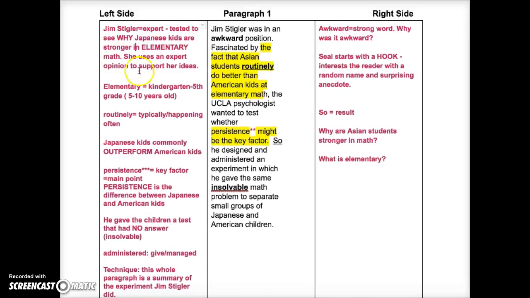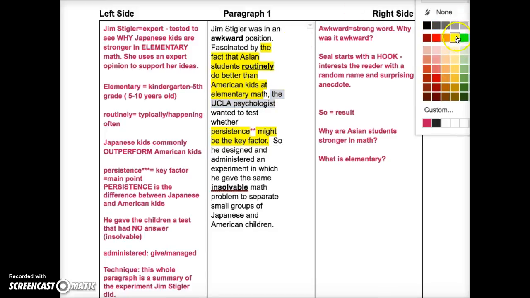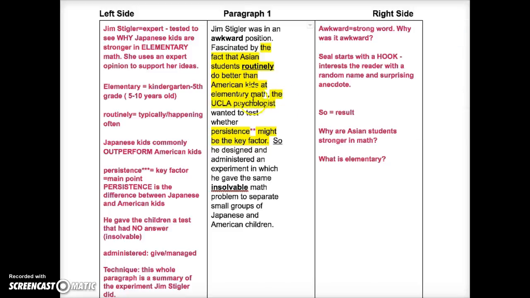Okay, sorry, I didn't explain why he's an expert. He's an expert because he is the UCLA psychologist, right? So maybe I want to highlight that too. That just shows that he can be relied on, and he's a credible source. So he wanted to test them, and he thinks that persistence is a key factor.